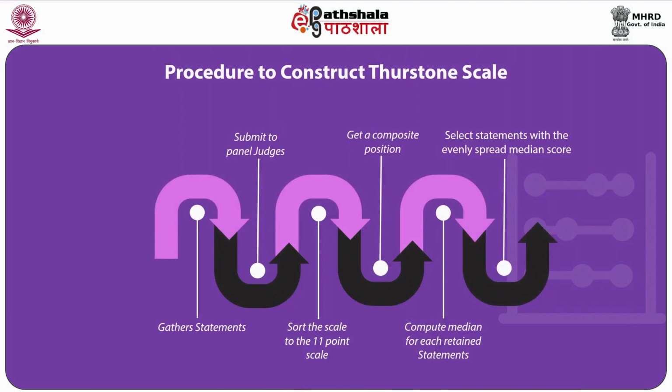Thirdly, this sorting by each judge yields a composite position for each of the items. In case of marked disagreement between the judges in assigning a position to an item, that item is discarded.